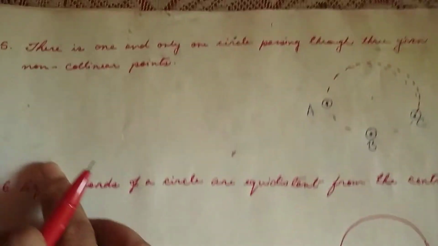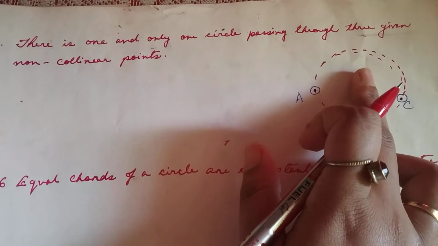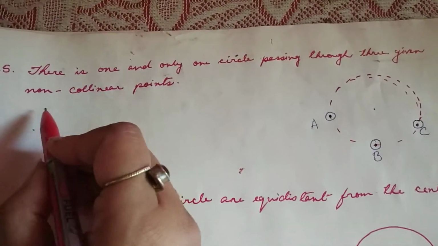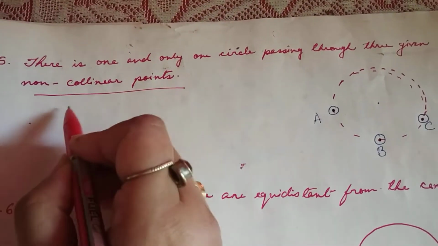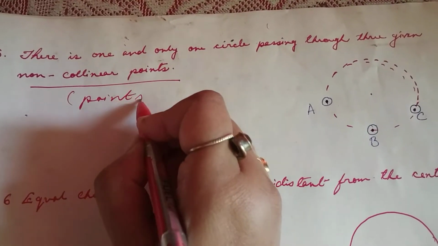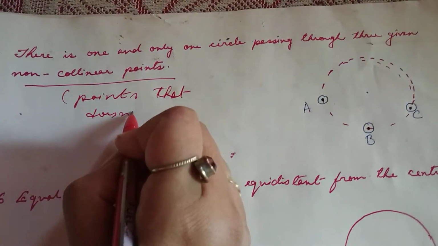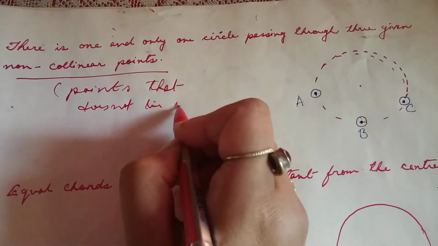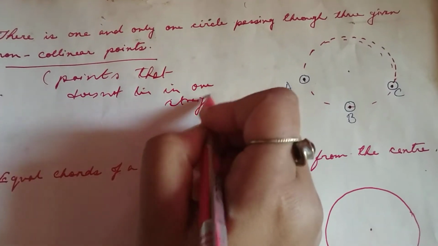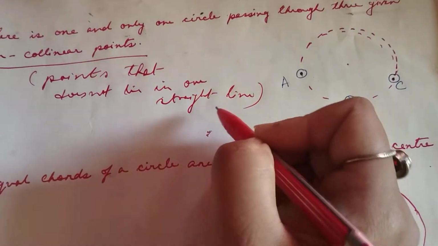Moving on to theorem 10.5: there is one and only one circle passing through three given non-collinear points. Let me tell you the meaning of non-collinear points. Points that don't lie in one straight line.